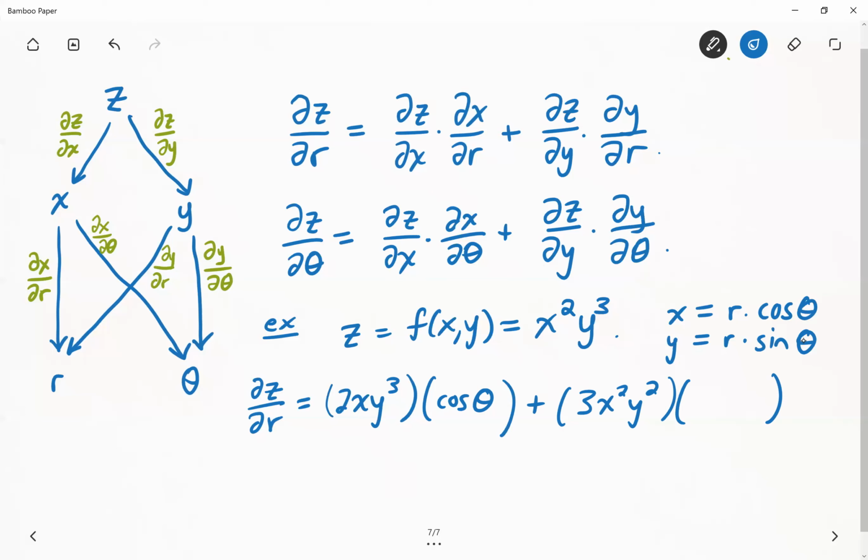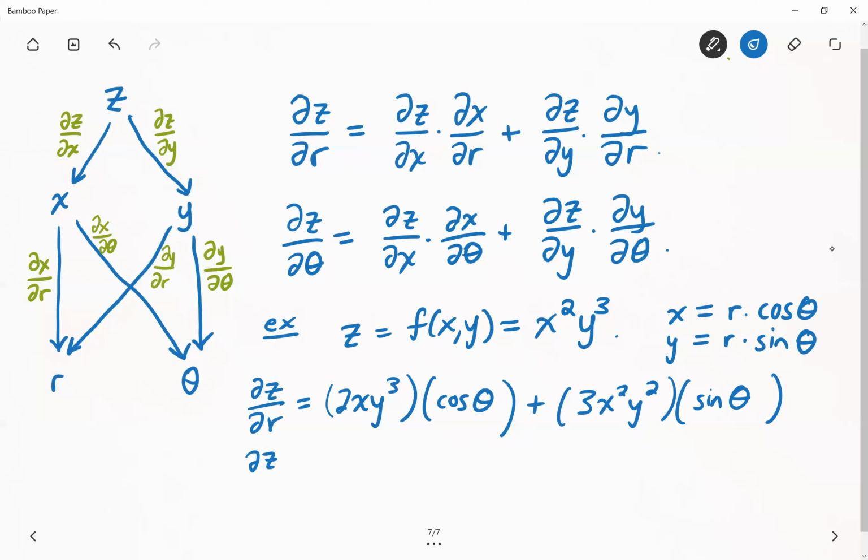We have the derivative of r times a constant. The derivative is just that constant. So that is the formula. And again, if you really wanted to, you could substitute away these x's and y's for these expressions with r and theta, if you so desire.